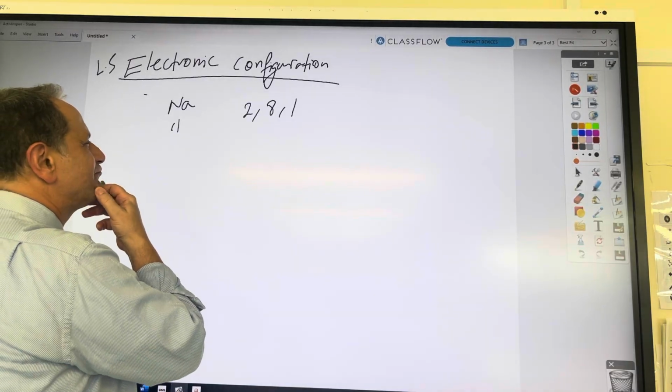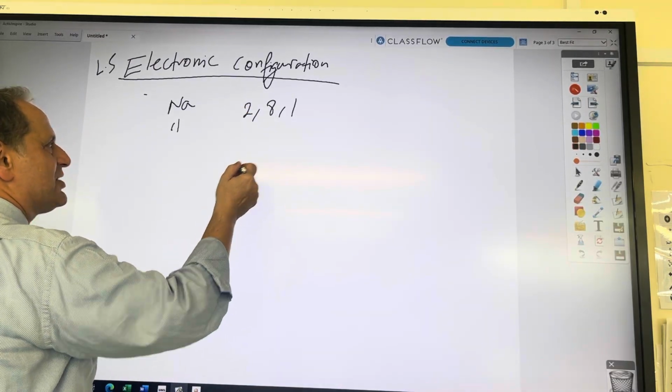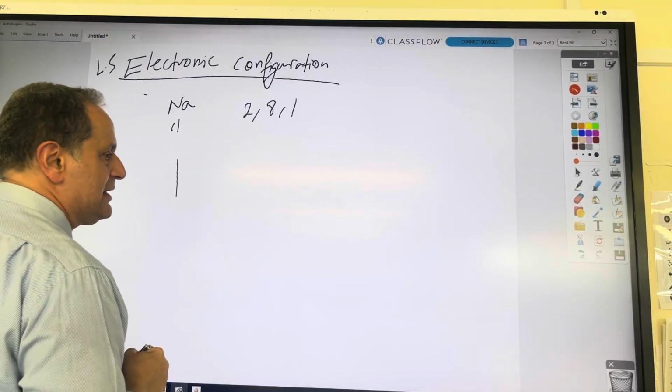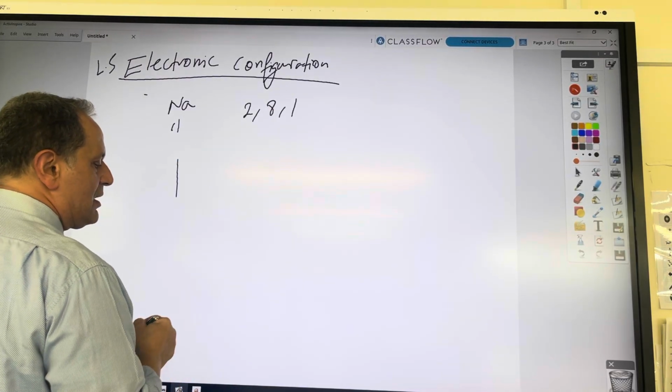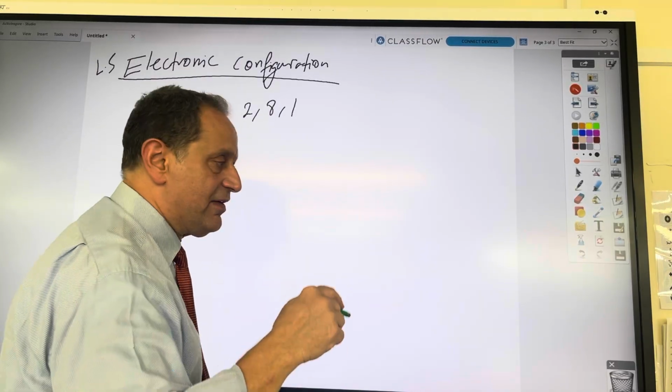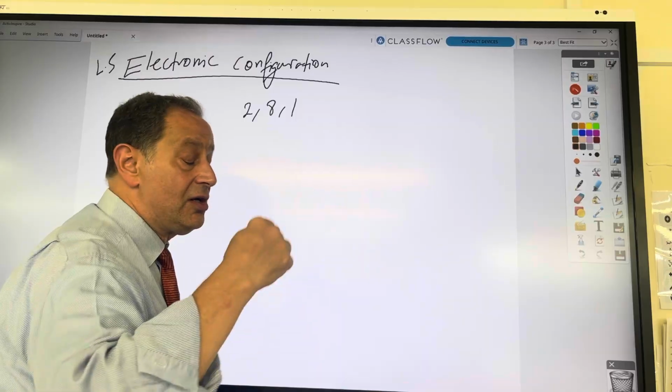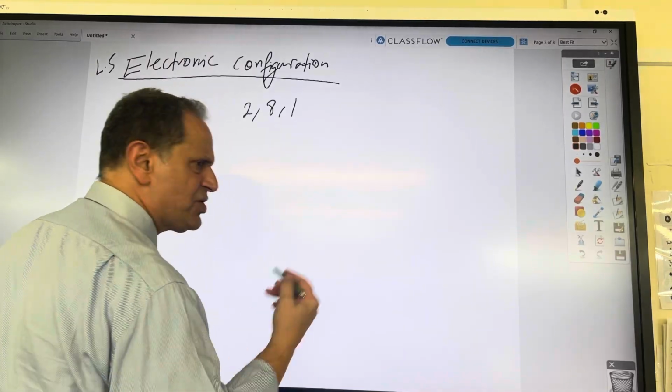So in the first shell, let's write it like this. In the first shell, number 1, what kind of electrons do we have? We have electrons that only go in circular motion in all directions. What are they called?